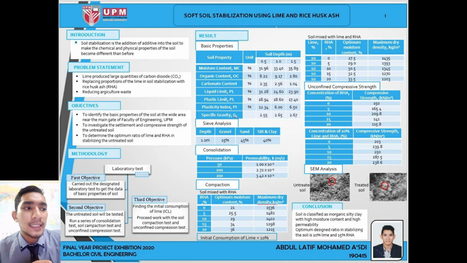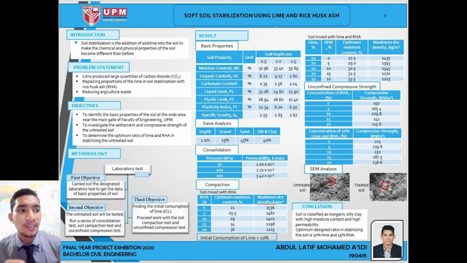And then I did the other one, using lime and RHA. The percentage of lime is fixed, because I did the ICL test to identify the lime requirement. The lime requirement that I got is 10%, so I fixed 10% in this test.